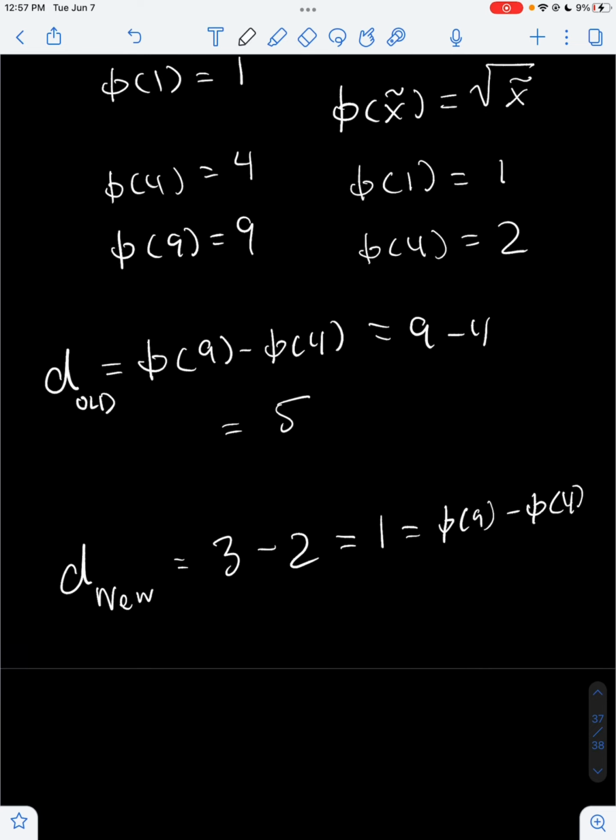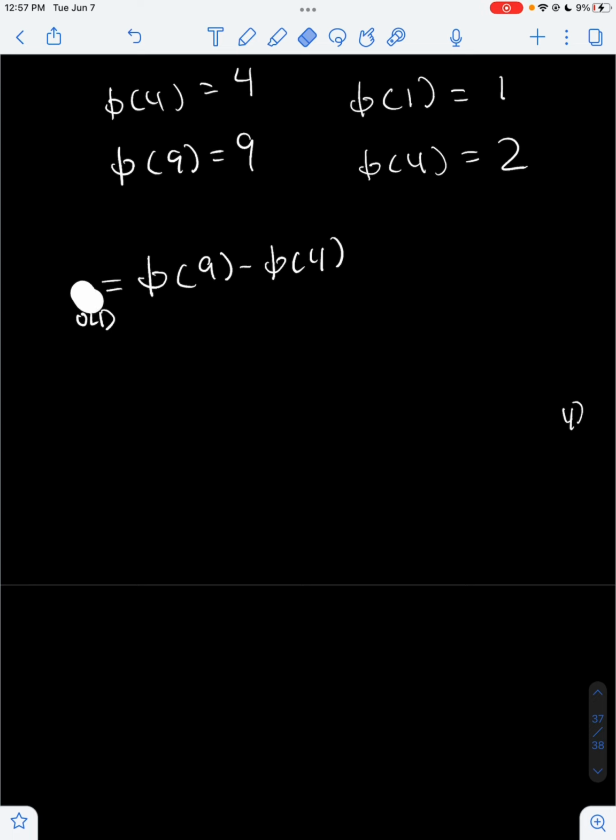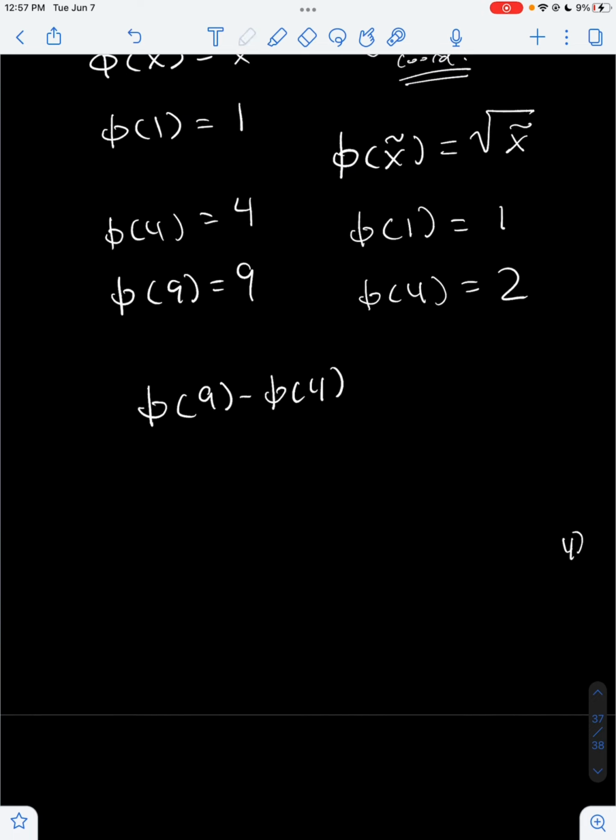Now this is a slight problem. It's pretty subtle. Say we want to compare again phi of 9 and phi of 4. And say we actually know for certain that phi of 4 is the value in the old coordinate system.